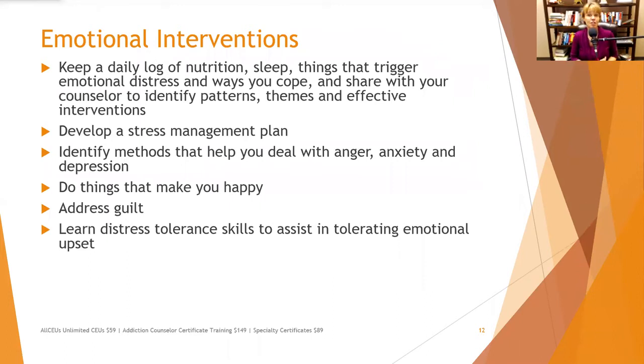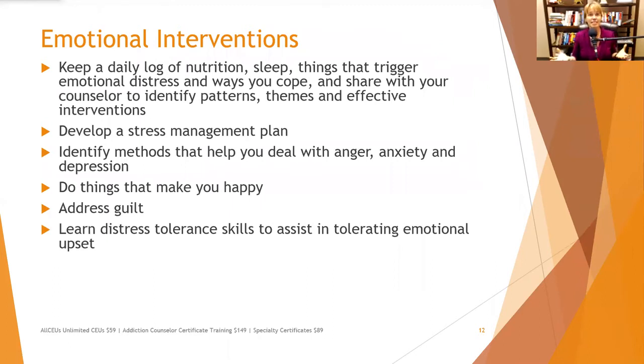Things that trigger your emotional distress, as you identify those, then you can start figuring out how to deal with them or prevent them. And ways you cope is important to keep track of because we want to build on those. Those are obviously working for you at least a little bit right now. They may need to be strengthened or tuned up, but at least that gives us an idea about where we can start building instead of having to start from scratch.